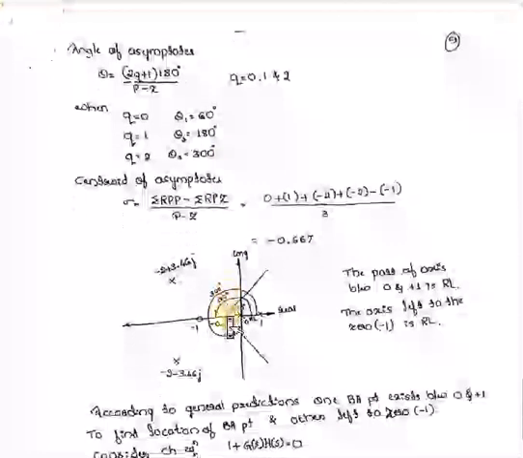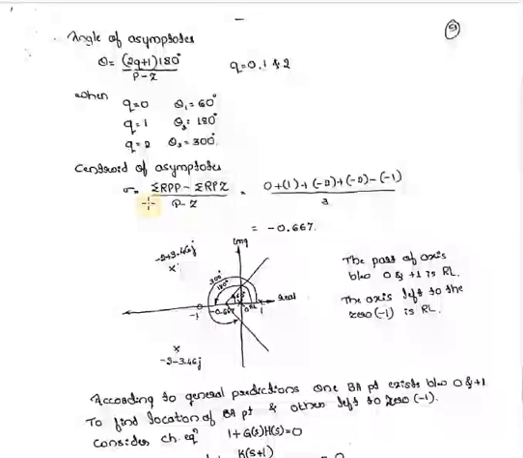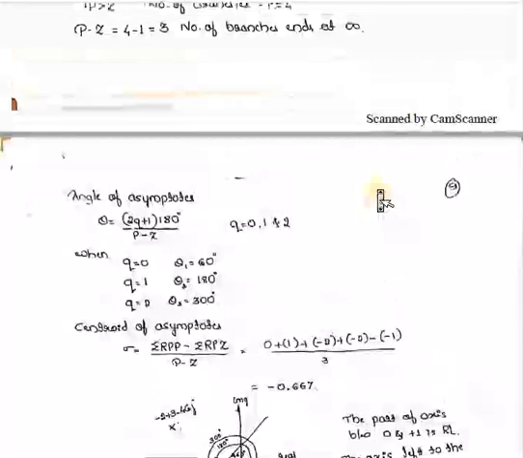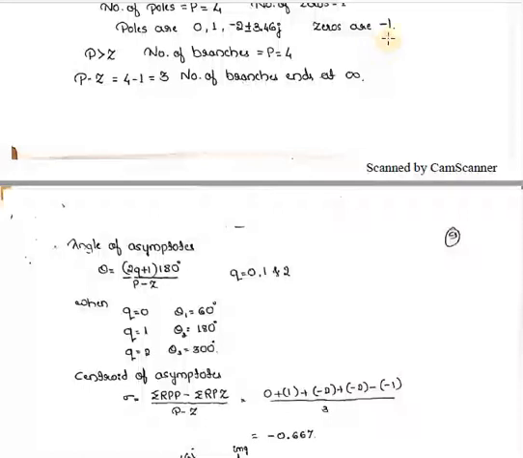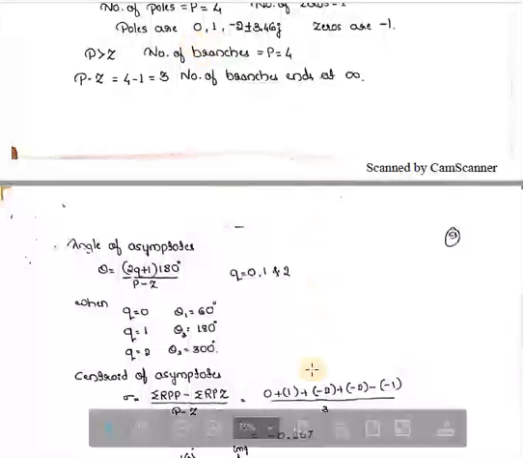Then you need to identify the centroid. Sigma equals the summation of the real parts of poles minus the summation of the real parts of zeros, divided by P - Z. The poles are 0, 1 and the complex poles, so 0, 1, -2, -2 (taken twice), minus the real part of the zero, which is -1.